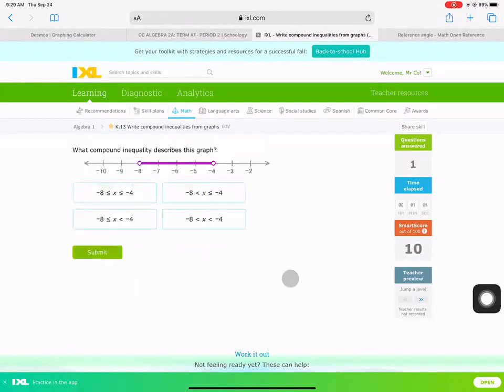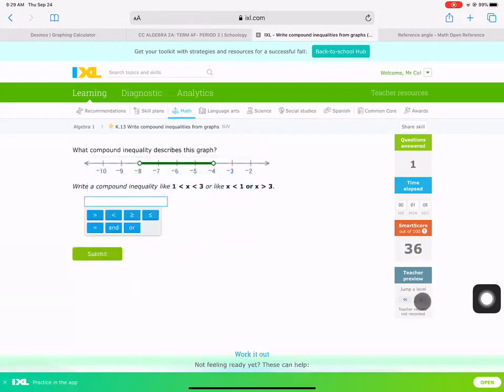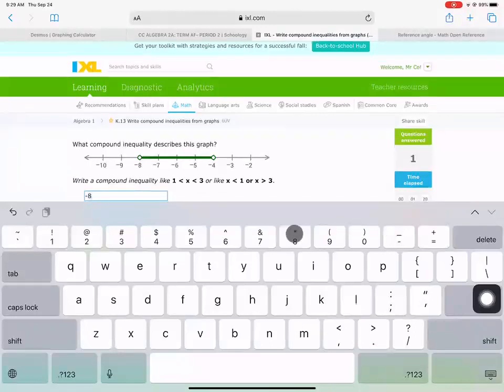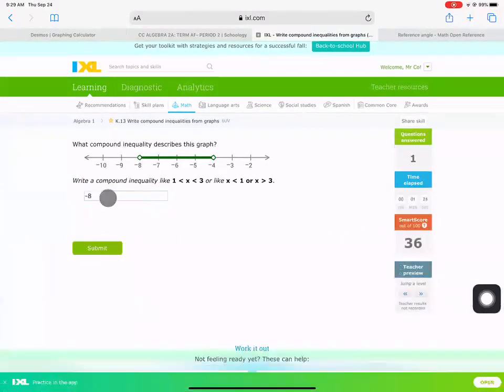Okay, a compound inequality. So they're going to have you write this. Now, after a while, they're going to have you write it yourself. So let's go ahead and write this. The numbers that are here are -8. And let's see, we want x is greater than, oops, you can't see it.